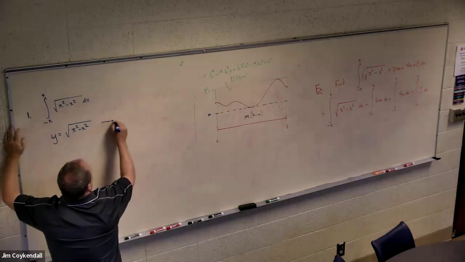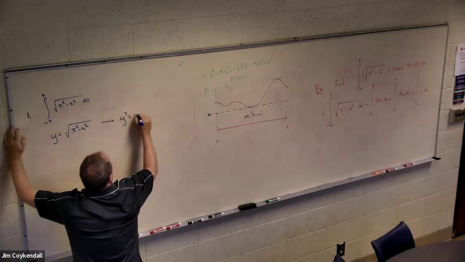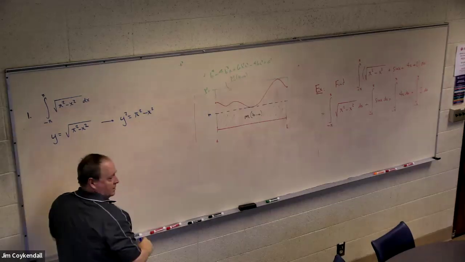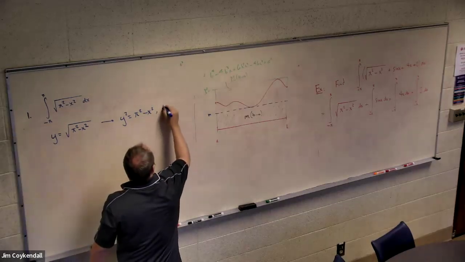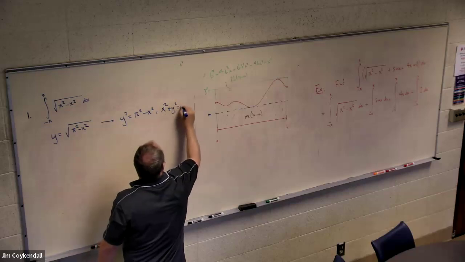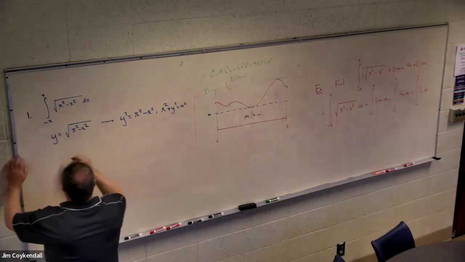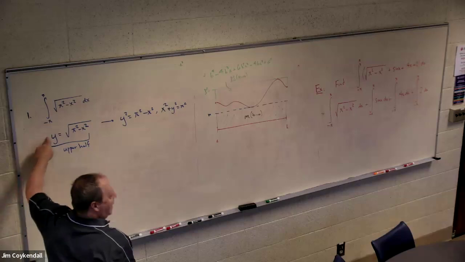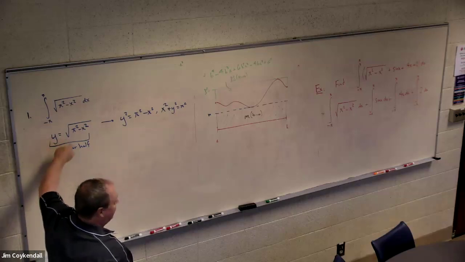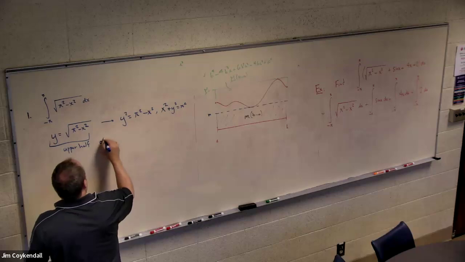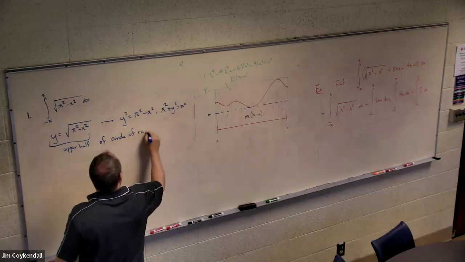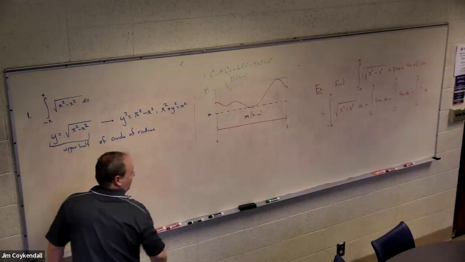Right, so if you square both sides of this, you get y squared equals pi squared minus x squared, or x squared plus y squared equals pi squared. So this is actually upper half, because my y is positive. It's only upper half circle. What's the radius of this part of the circle?